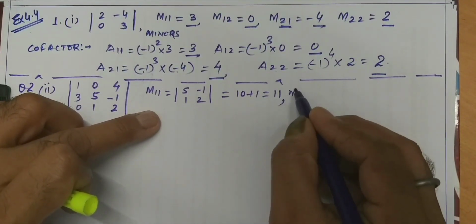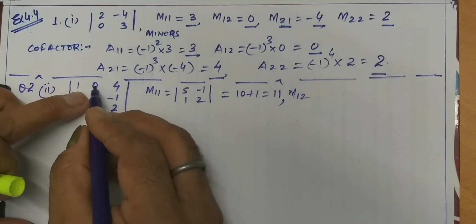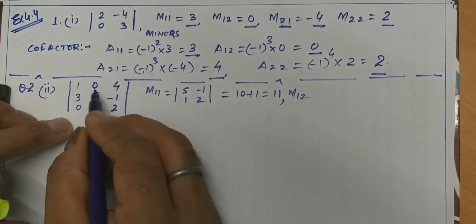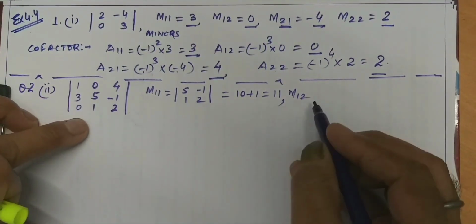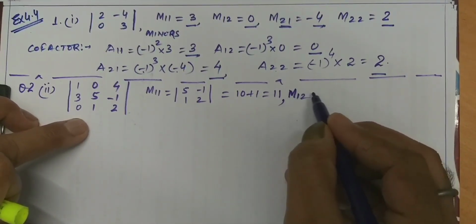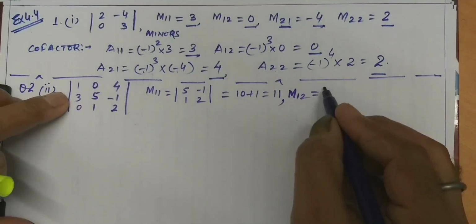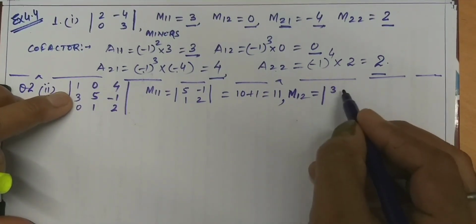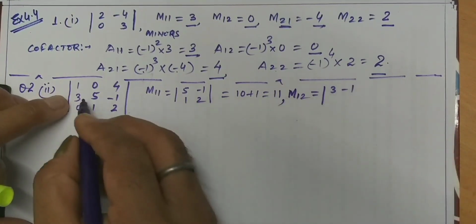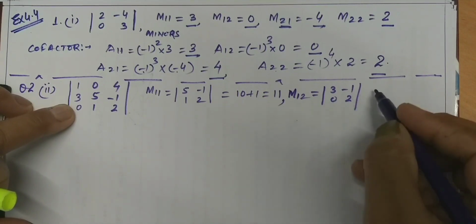Second one is M12, which is 0. 0 into anything, that is not the case here, because that we will do while evaluating. So deleting this row and column, we have 3 minus 1, 0 2, so 6 minus 0, 6.